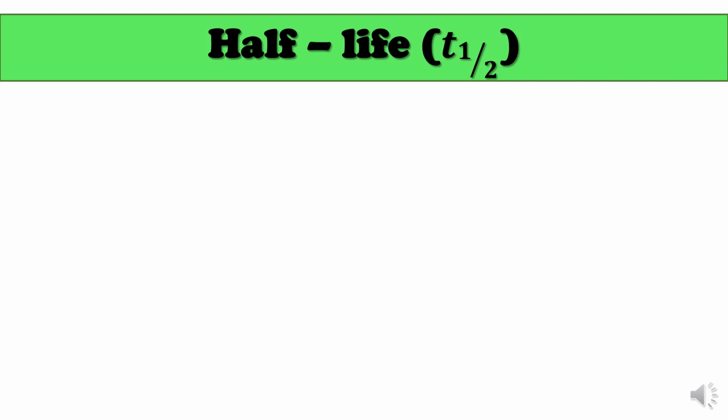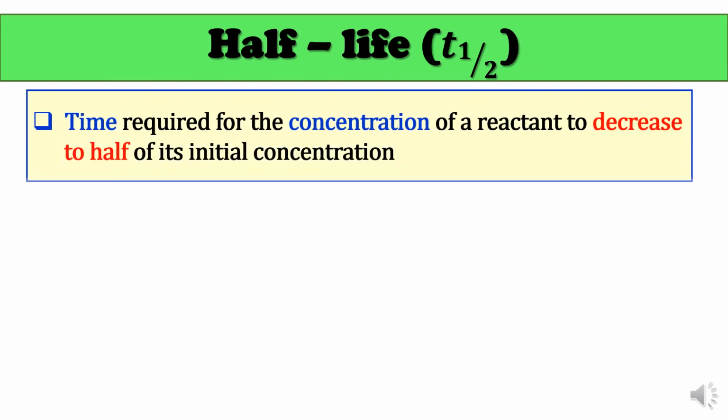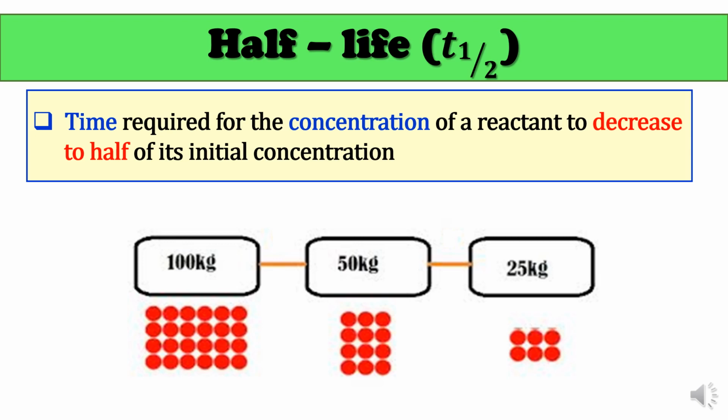Half-life. The symbol is t half. It is defined as the time required for the concentration of a reactant to decrease to half of its initial concentration. Look at the example given. Let's say the concentration is represented by mass.